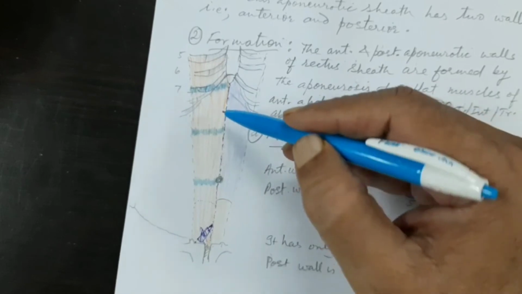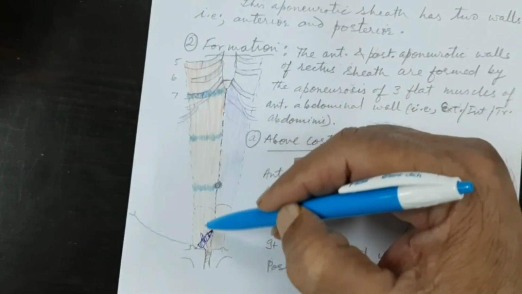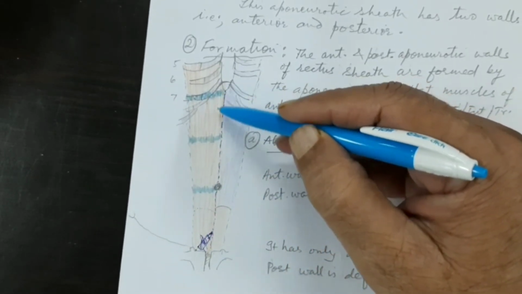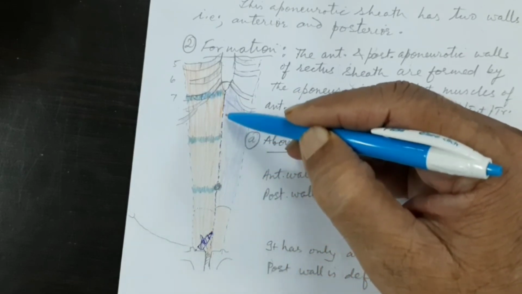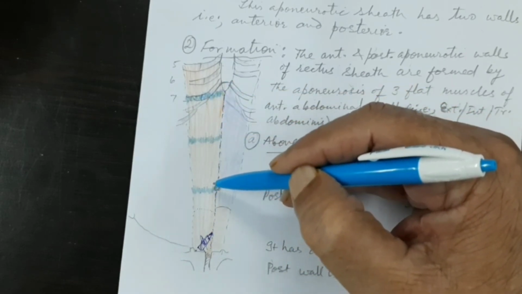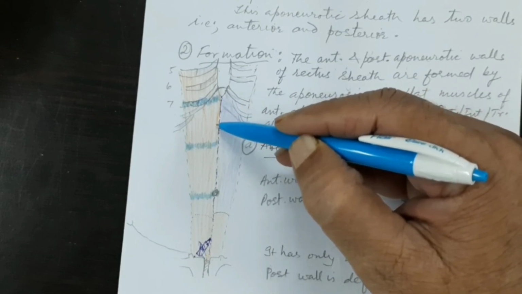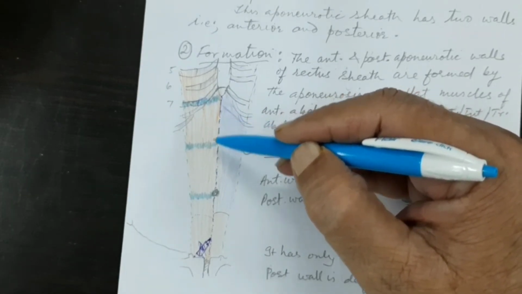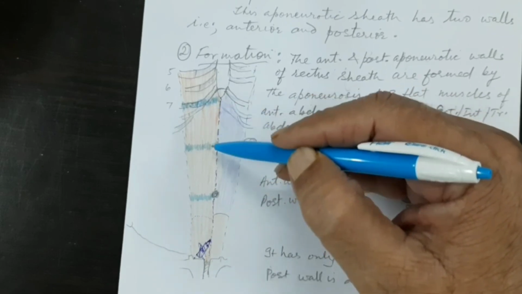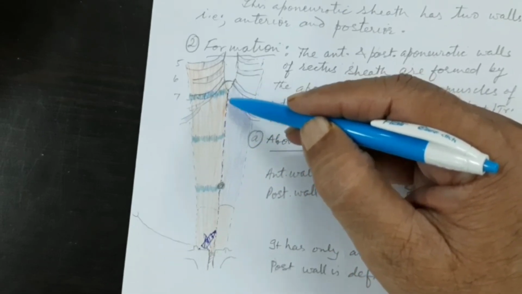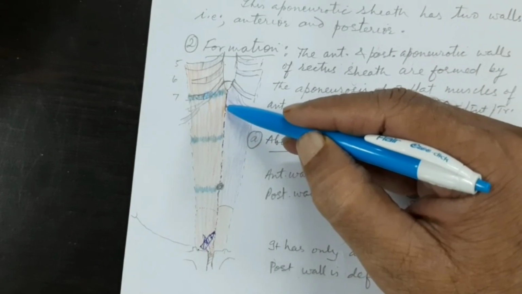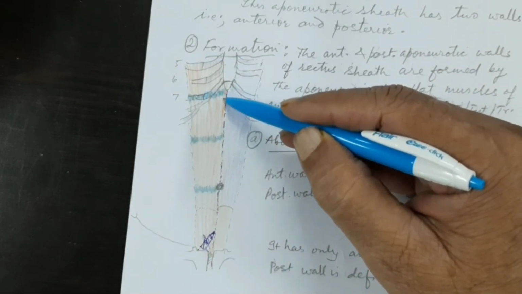But very close to this median plane, there will be no significant nerves or blood vessels, only minute ones. So surgeons give a paramedian incision.